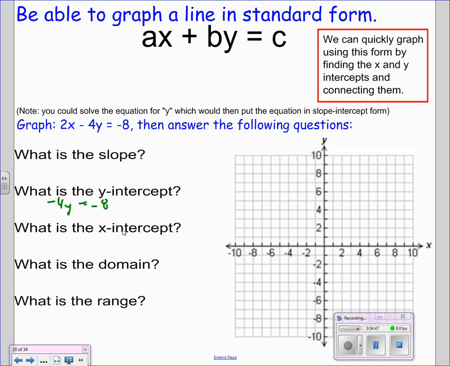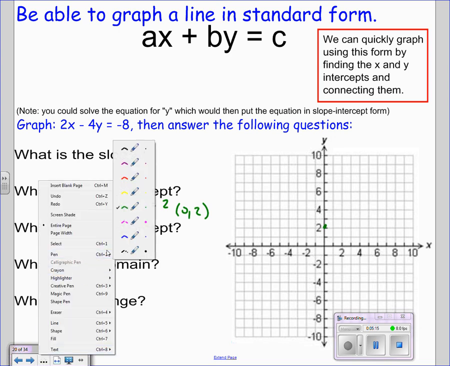So that's why it's called the cover-up method. Now you can focus on solving for y. So you would divide by negative 4, which means y is by itself, and negative 8 divided by negative 4 gives me a positive 2. So your y-intercept would be 0, 2. And you could graph that right there.